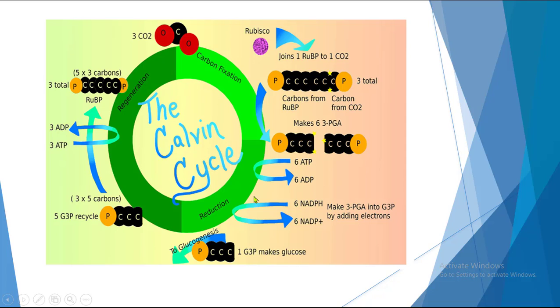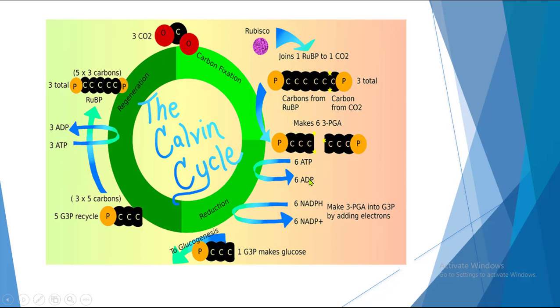I'm repeating it, a brief revision. It has 3 steps: carbon fixation, reduction, and regeneration of the carbon dioxide acceptor. In carbon fixation, a 5 carbon containing compound, which is the carbon dioxide acceptor, has the ability to combine with carbon dioxide in the presence of an enzyme, Rubisco, and they combine to form a temporary 6 carbon containing compound. This 6 carbon containing compound splits into 2 3 carbon containing compounds, and these compounds undergo reactions.